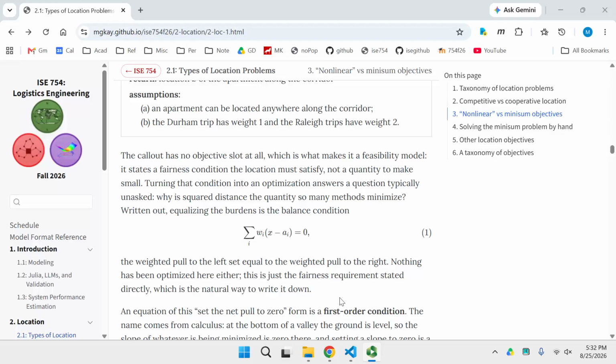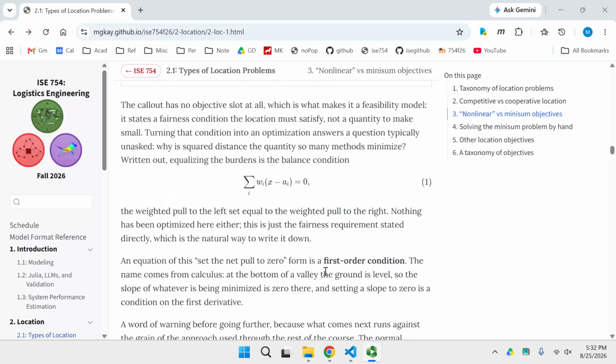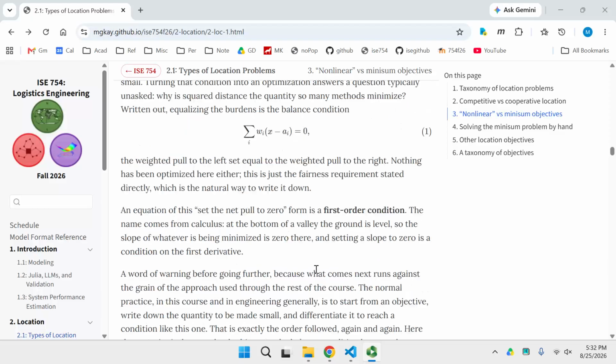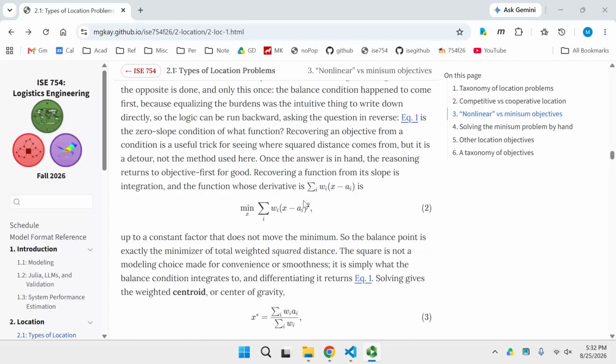With that desired condition for our solution, we can look at the problem and say that this is the answer we want. And then because of that, we can make it so that we have an objective function. And what we want is an objective function that, if we take the derivative and solve for 0, ends up with our first order condition. Well, the one that uniquely does that is squaring the distance.